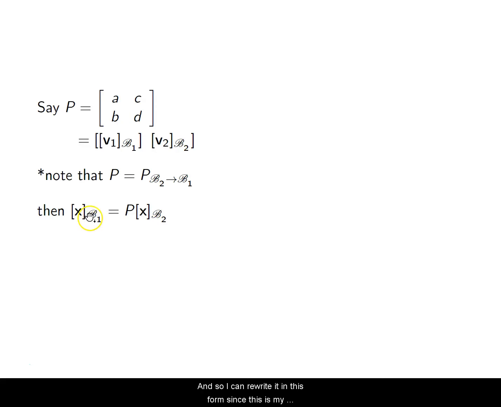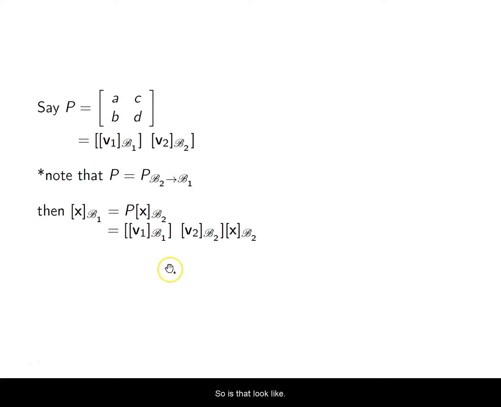Okay, and so I can rewrite it in this form since this is my transition matrix. So if I want to go from B2 into B1, I just take that P matrix times my vector. So it's really just what we've been doing before. We're just generalizing it further, right? So what does that look like? That looks like this matrix here, B1, B1, B2, B2, and I have an extra parenthesis here for some reason.